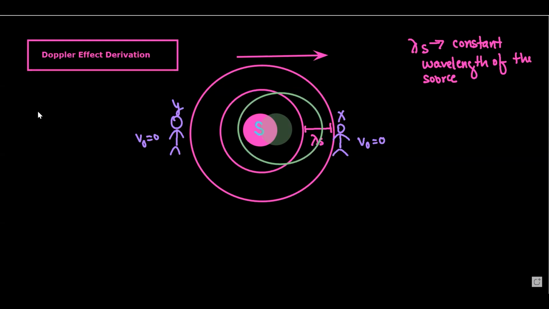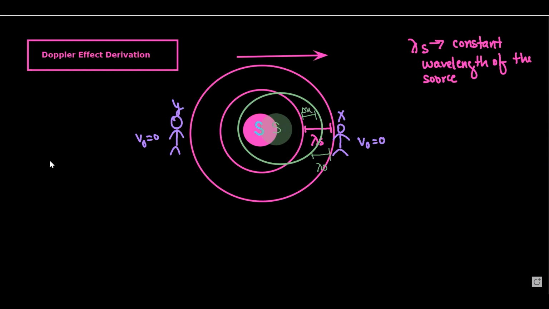The observed wavelength is the shortened wavelength observed by an observer closest to the source. That's going to be this position. This is your new observed wavelength. The difference between the wavelength's old position and its new position due to the motion of the source can be represented by the letter del x.